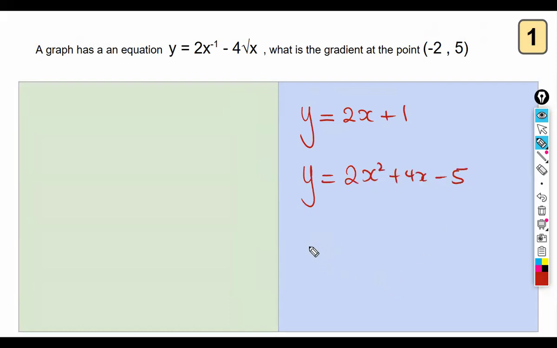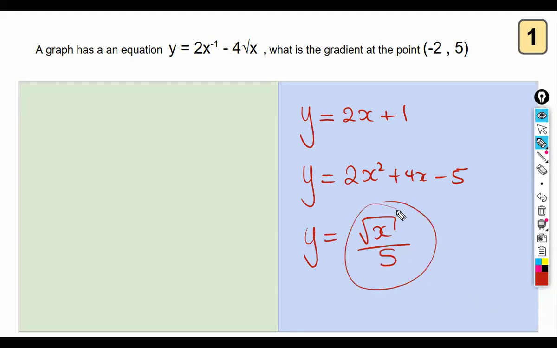Or if he gives you something complex, like one day in maths class, they might give you square root of x over 5. I mean, these questions have come very rarely in the exam. The point is, almost every equation, you could draw it on graph paper.